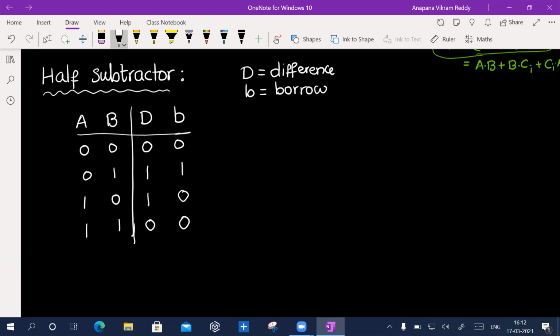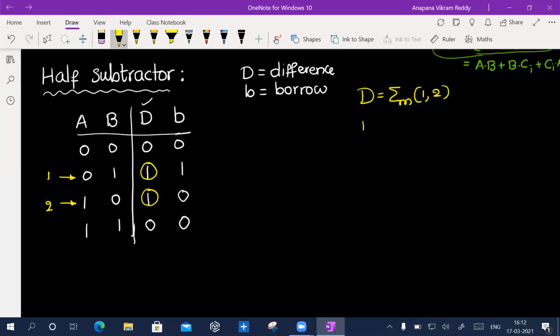Now I can go for a K-map or directly write the expression for the difference. I have ones here, which correspond to minterms 1 and 2. Otherwise I can write: difference is the sum of minterms 1, 2.